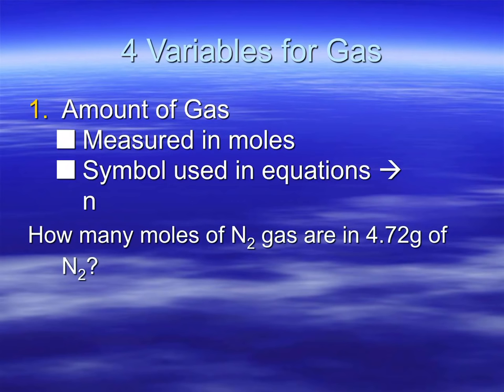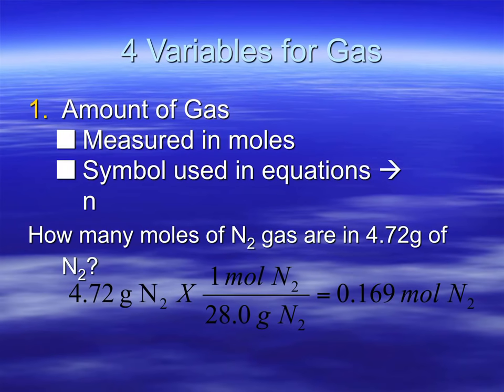Then if we look at an example like this, if it said how many moles of nitrogen gas are in 4.72 grams of N2, well, we need to convert that to moles because we want to measure amount in moles, not in mass. So we're going to use our conversions that we learned at the beginning of the semester. We want our units of grams to cancel out. The molar mass of N2 is 28, so 1 mole equals 28 grams.